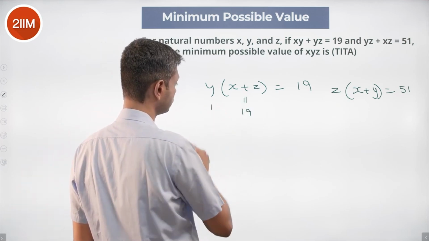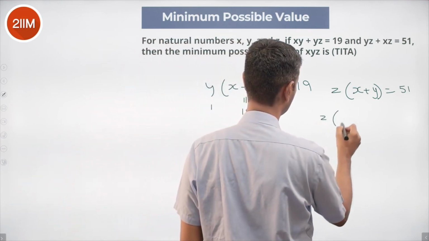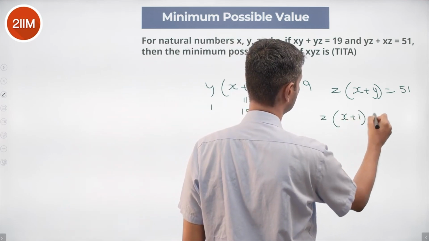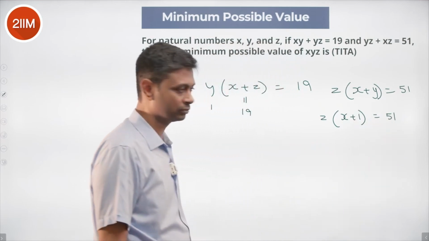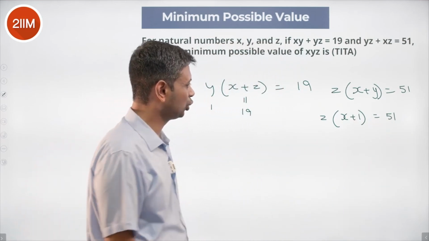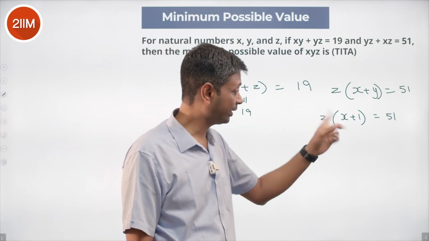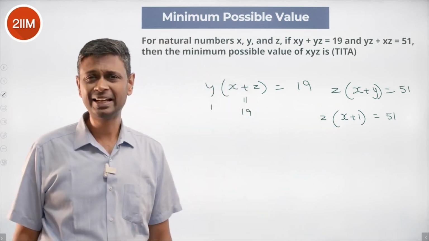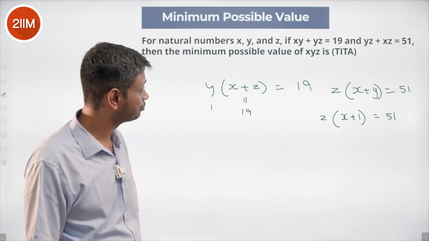Y is 1. Plug that in here. So z into x plus 1 is 51. This is not 51 into 1, x cannot be 0. Not 1 into 51, x is not 50, that we know. 3 into 17, 17 into 3, x plus z is 19.